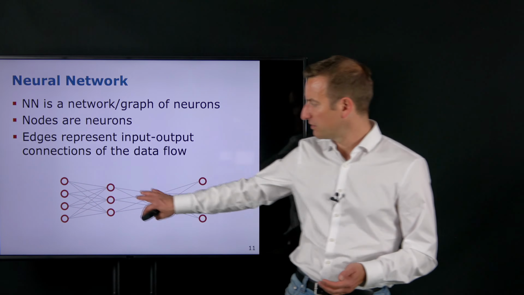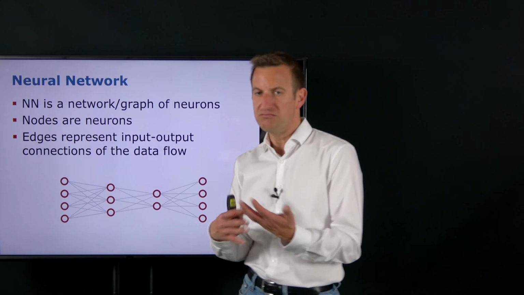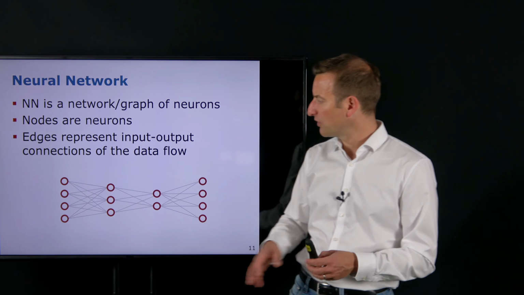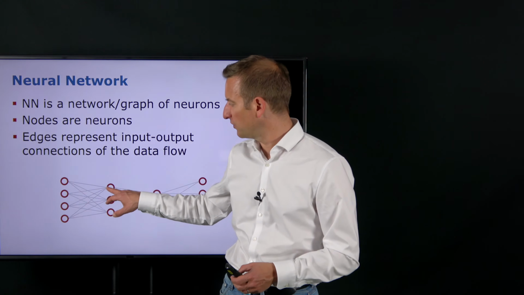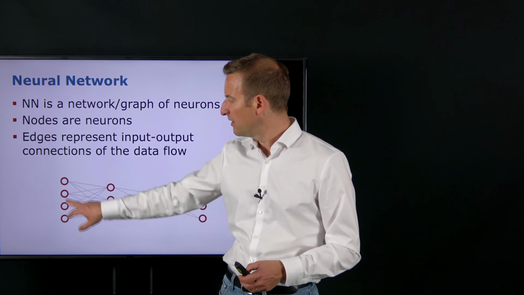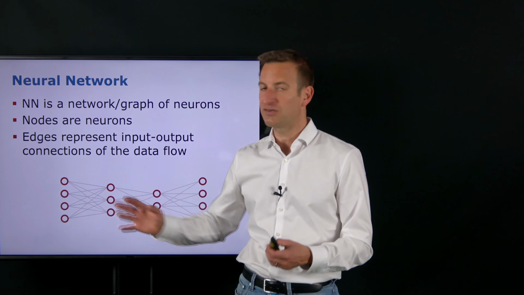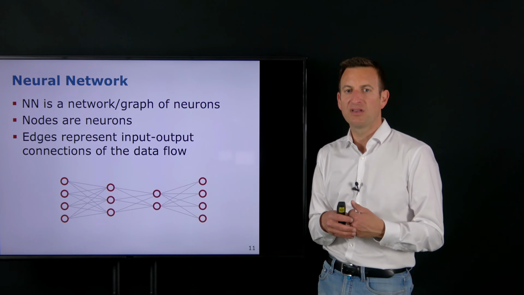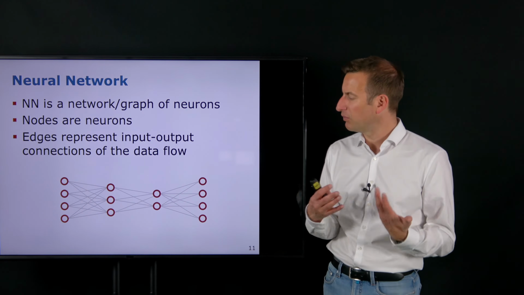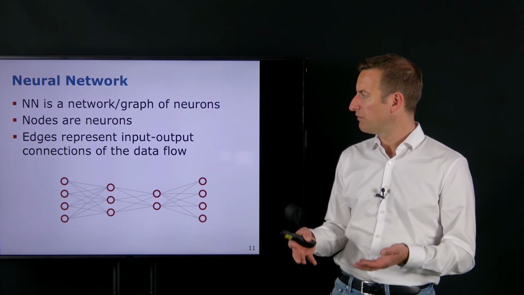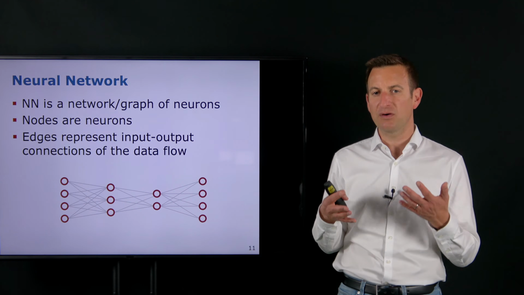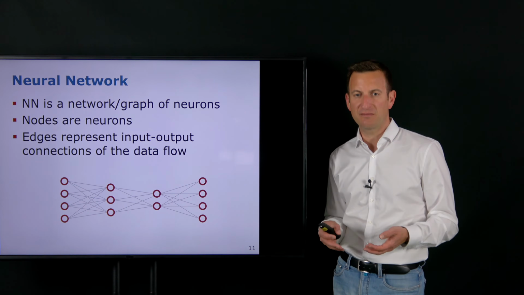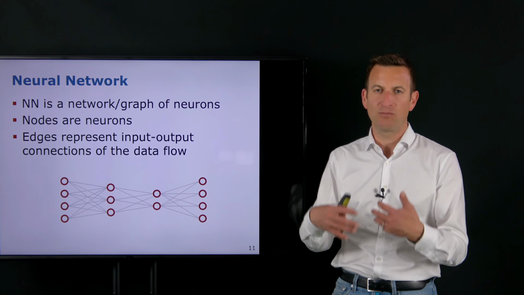There are different neurons involved and they are connected differently. So this neuron and this neuron are connected with each other through this line, but this neuron and this neuron are not, at least not directly connected. Some neurons are connected, some are not. But the important thing is the connection of neurons, and the connections represent a possible data flow, so information that can be passed from one neuron to another.